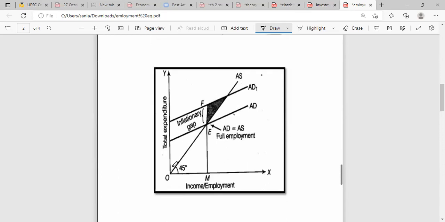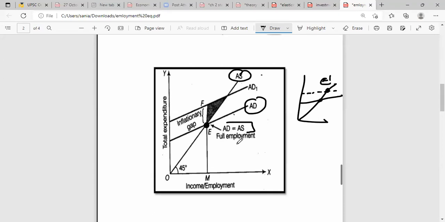So over here, this is your AS and this is your AD. You have to draw this point, E point. This is the point where you will attain the full equilibrium. For example, if you increase the demand, this was the demand, now you increase your demand, so this will be the point E1 where you will get the equilibrium.